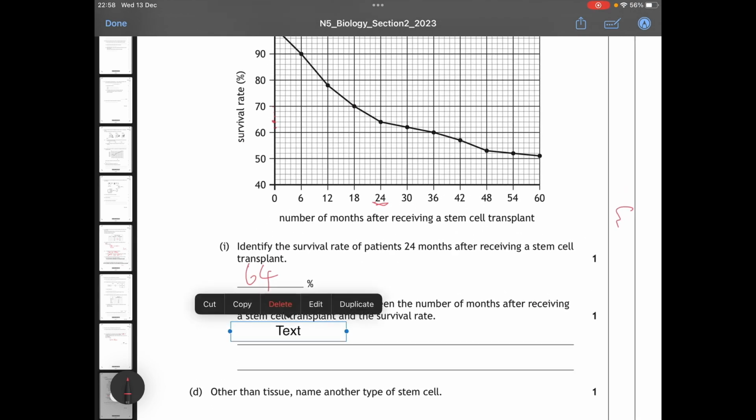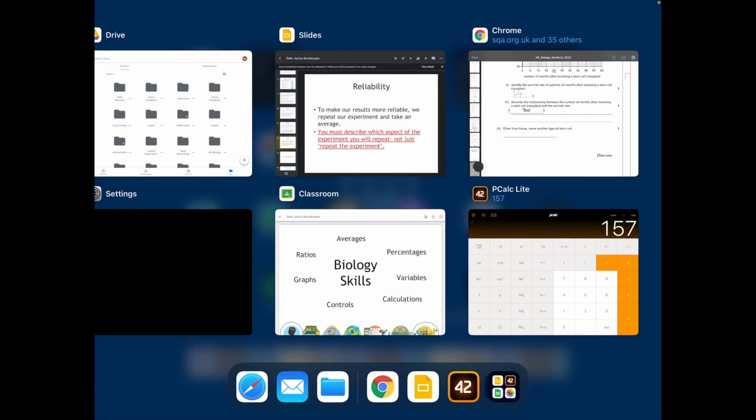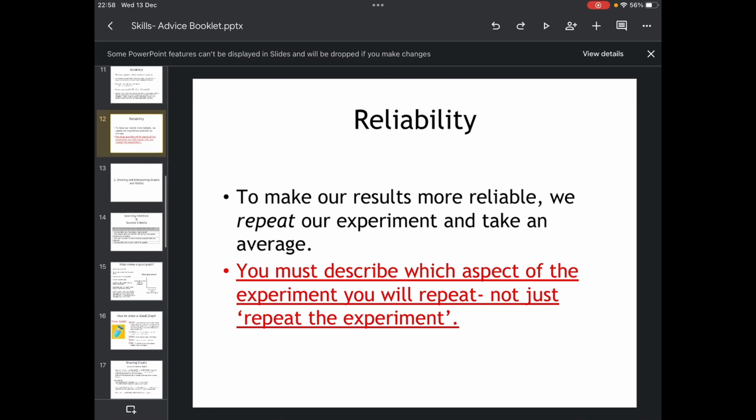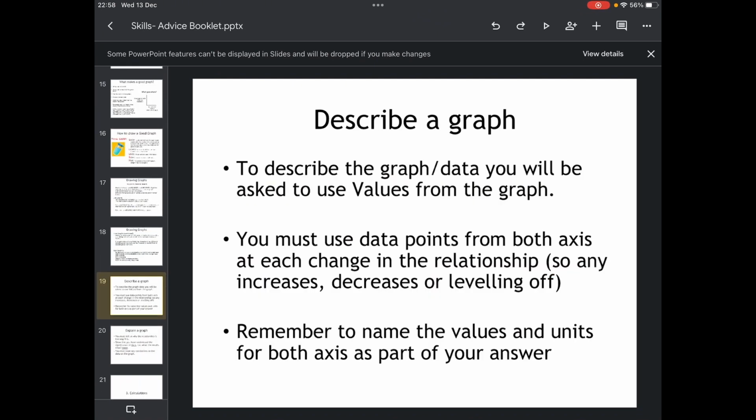So how do we put that into text? Okay. Well, if you go to your skills booklet again, and we go to the section on describing the graph, you'll be asked to use values from the graph. You must use data points from both axes at each change in the relationship, so any increases, decreases, or levelling off. And remember to name the values and units from both axes as part of your answer.